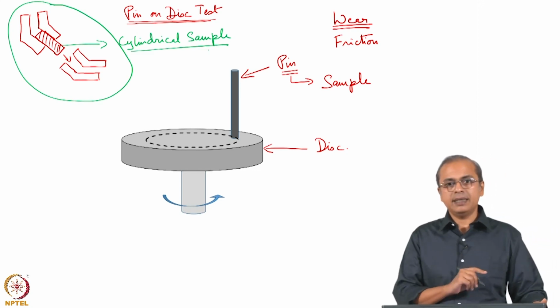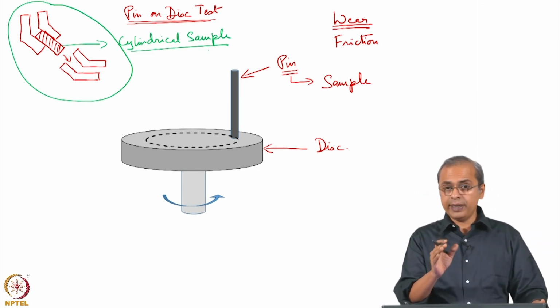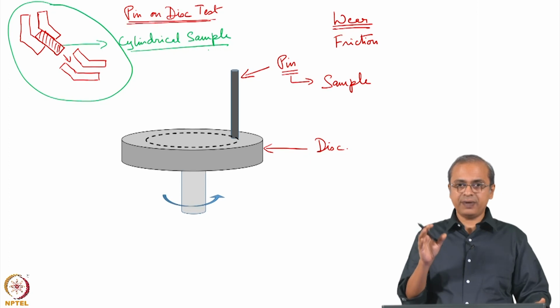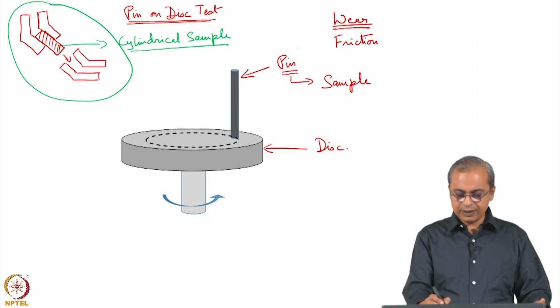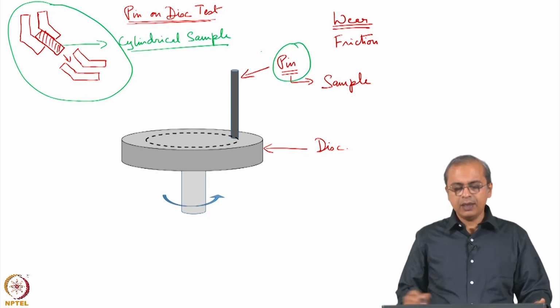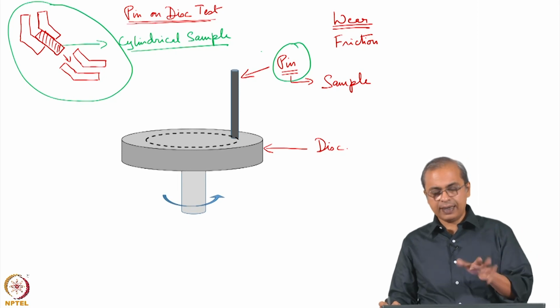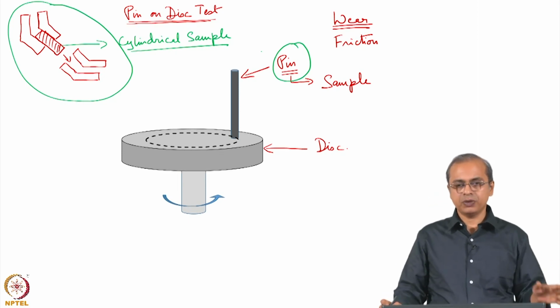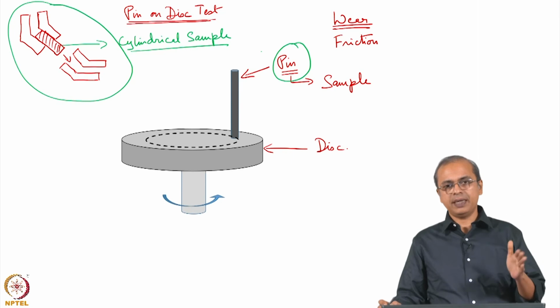So, you are getting a cylindrical sample, and it already has the kinds of dimensions required to fit this pin. If you can carefully tailor your sample preparation process, at the end of it, you will get a pin.